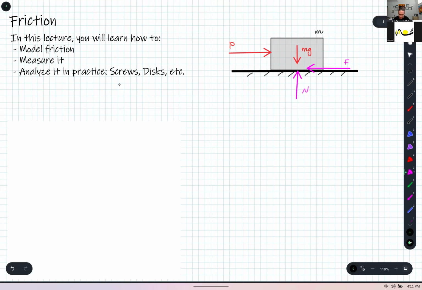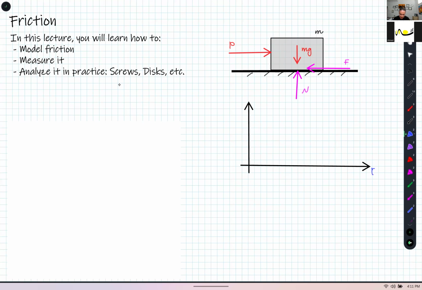In other words, if I draw a simple graph, let's say on the x-axis, I measure P, the load, and here I measure friction. So based on what we just said, I'm going to have a line with a slope of 1, right?